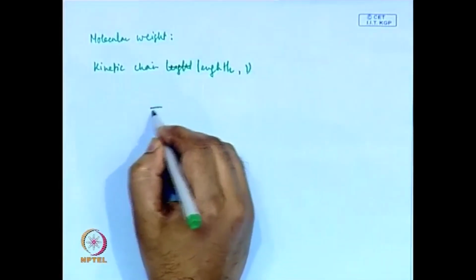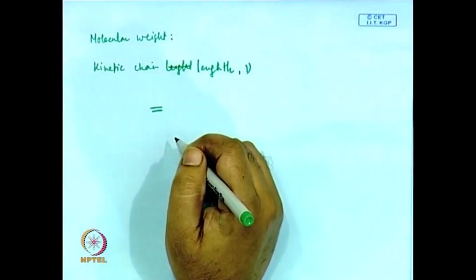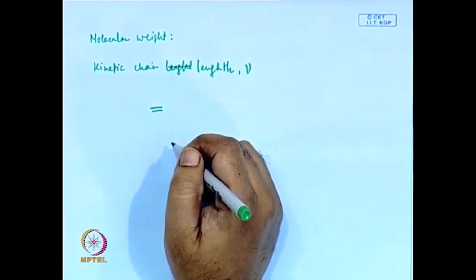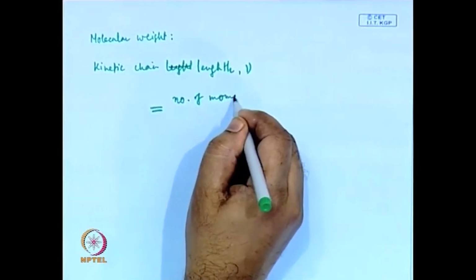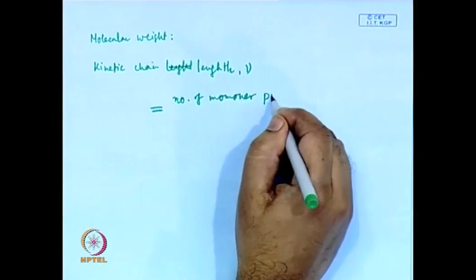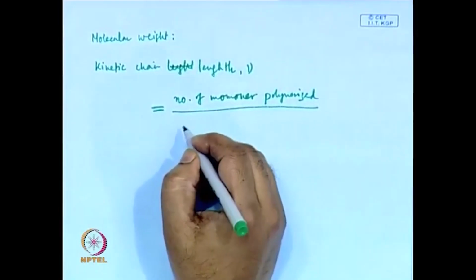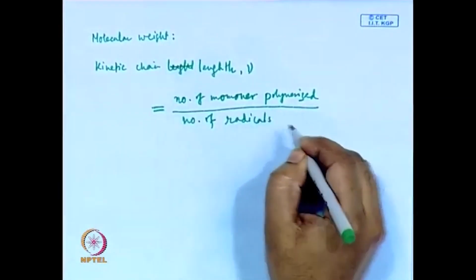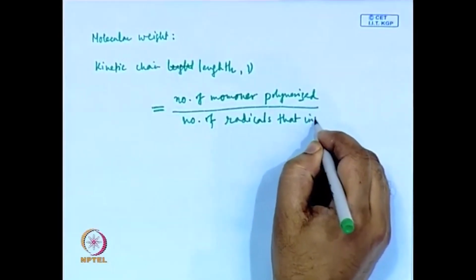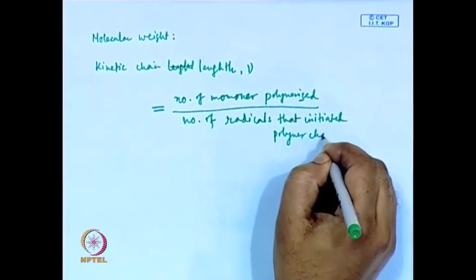Nu, which is the number of monomers polymerized per each radical that initiated the polymer chain. We can write: number of monomers that polymerized divided by the number of radicals that initiated polymer chains.